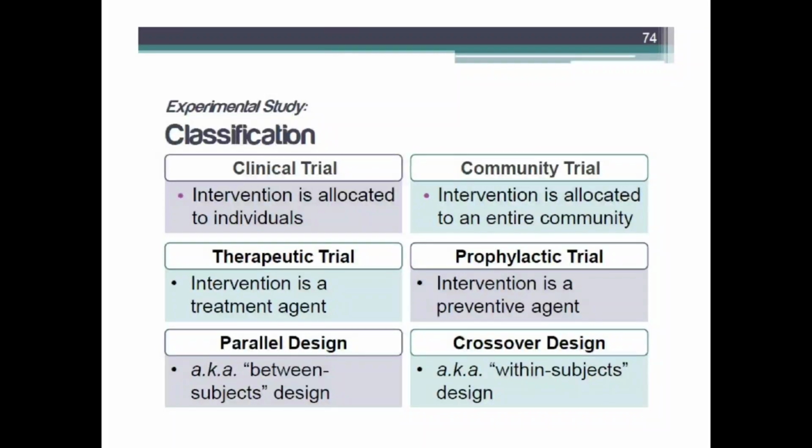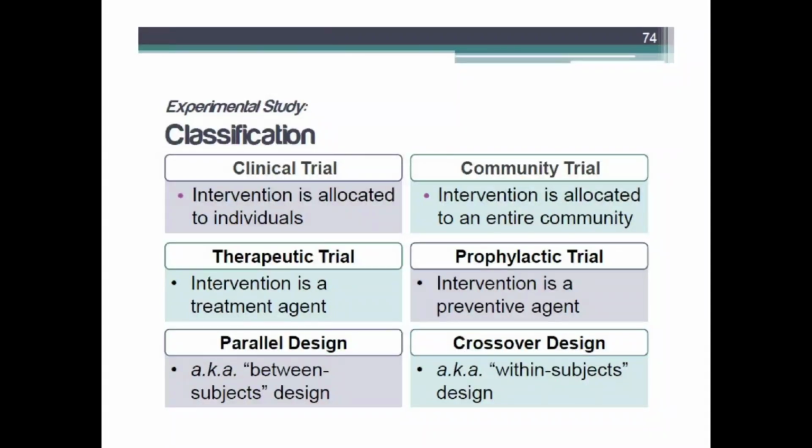So, these are the classifications of your experimental study. So, clinical trial, intervention is allocated to individuals, no? Isa-isa. Pag community, syempre sa pangalan niya na community, intervention is allocated to an entire community. Pag therapeutic, the intervention is a treatment agent. Ibig sabihin, nagkasakit na yung mga gusto mong tulungan.